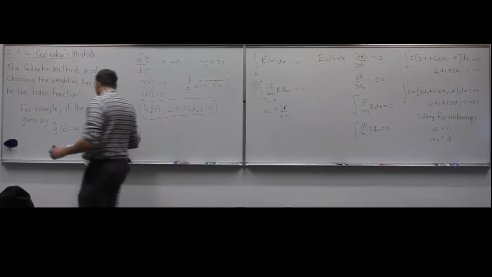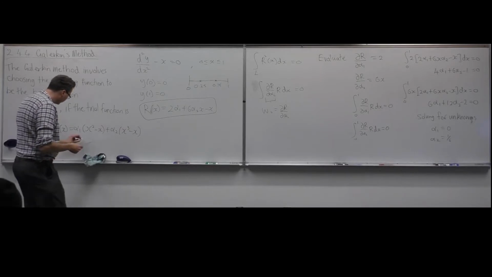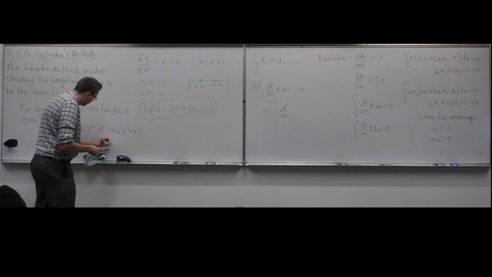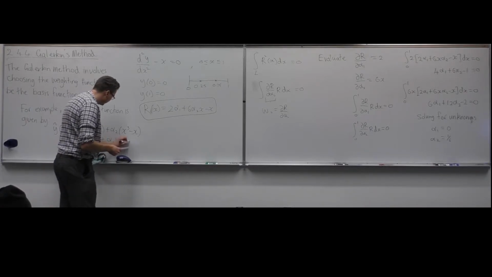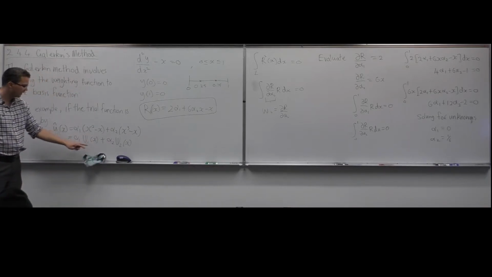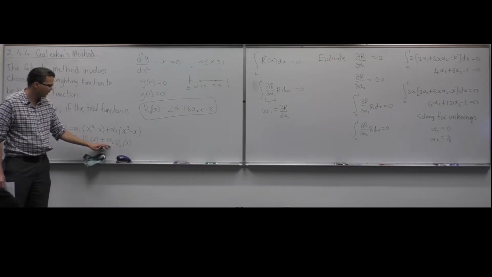So we can write this trial function as alpha 1 psi 1 plus alpha 2 psi 2. So we've got some function of x times an unknown, a second function of x times an unknown.